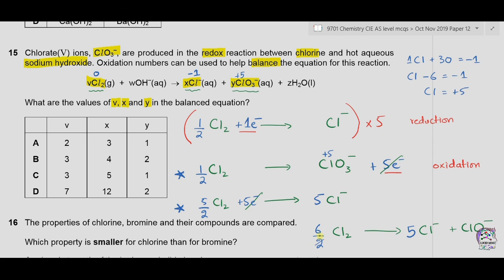Instead of 6/2 I can write 3. So V will become 3. X is equal to 5 moles and Y will be equal to 1 mole. So the correct option for V is 3, for X is 5 and Y is 1. So therefore the answer is C.